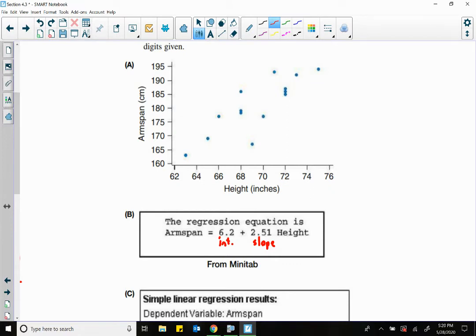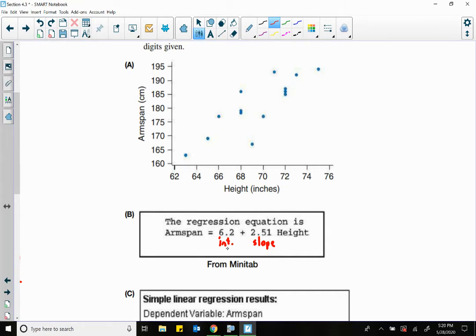Okay? So, as you increase by 1 inch, 1 unit in height, on average, your arm span will increase by 2.51 centimeters. That's what that slope means.